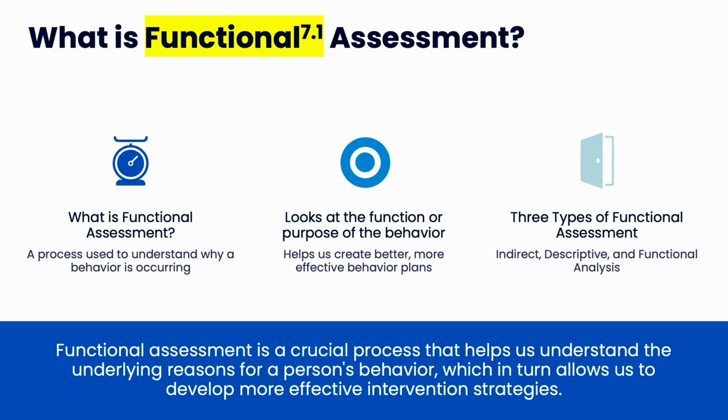The second level is called descriptive or direct, and this is where the observations occur. The third level is called functional analysis. This is where we manipulate variables to determine the function of the behavior. So it's control. And so these all follow similar to description, prediction, control, and same with preference assessments.